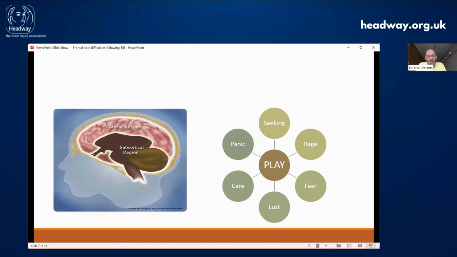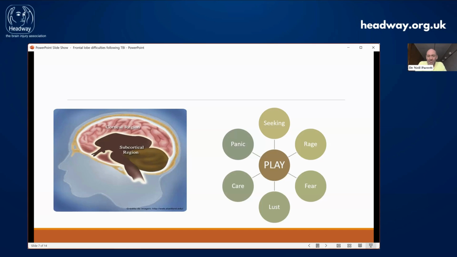And not only are the subcortical regions managing our internal body processes, but they're also specifically implicated in some of our more basic drives and emotional drive systems, things that have kept us safe evolutionarily.